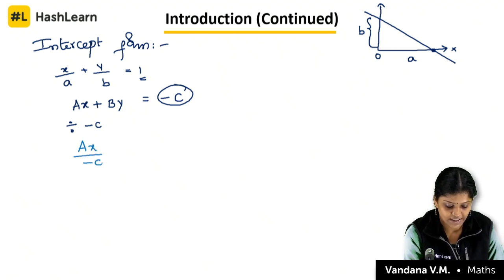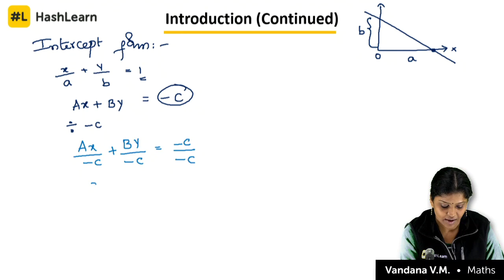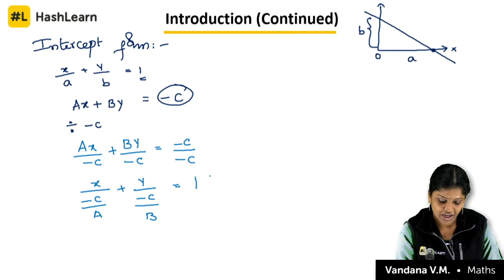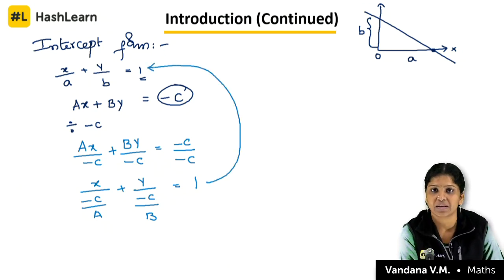If you divide, what will you get? ax by minus c plus by by minus c is equal to minus c by minus c. I write it in the standard way: x by (minus c by a) plus y by (minus c by b) is equal to 1. Now it is in this form only, right? These two look the same.